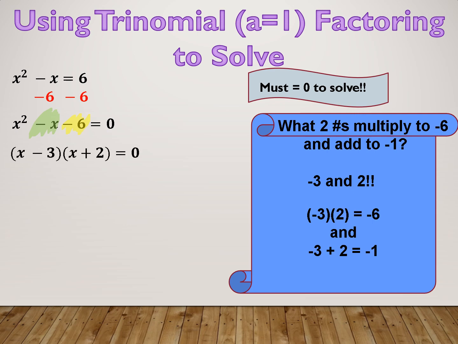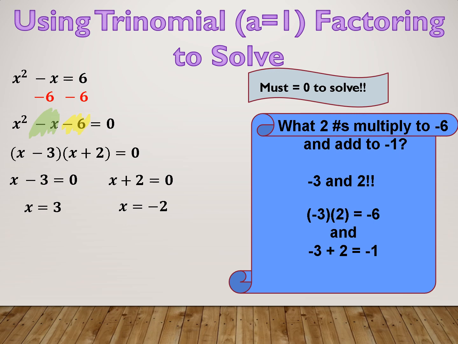So that gets me x minus 3 times x plus 2 equals 0. So now all I have to do is set each piece equal to 0 and solve. So I get x equals 3 and x equals negative 2. Of course, you always want to plug them back in and check.